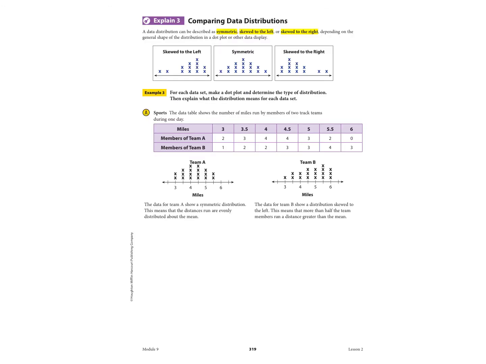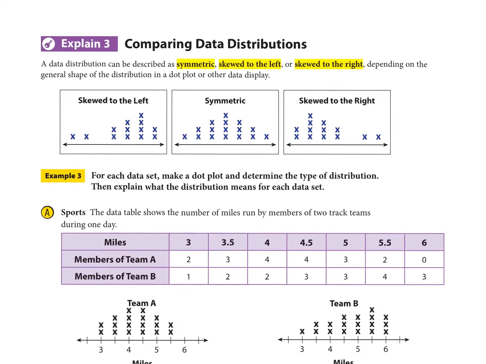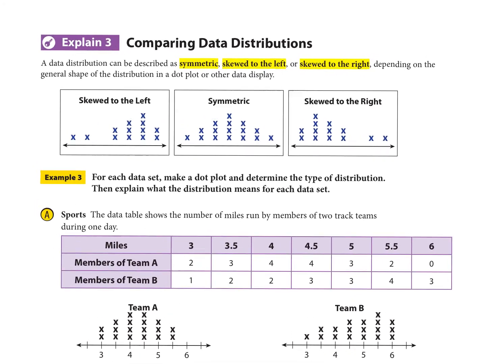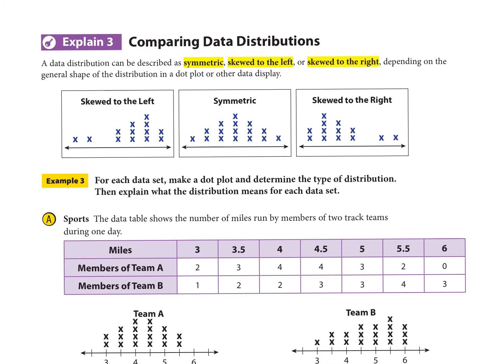But what I do want to look at is this particular page right here, because I want to review something with you. And that is this: when you do a dot plot, and we didn't do it in the previous problem, I just wanted to show you how to do it on the calculator, this talks about how it's skewed. Make sure you understand this terminology here.